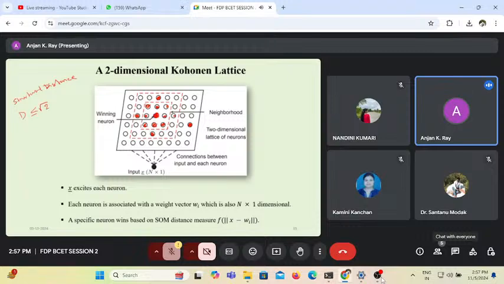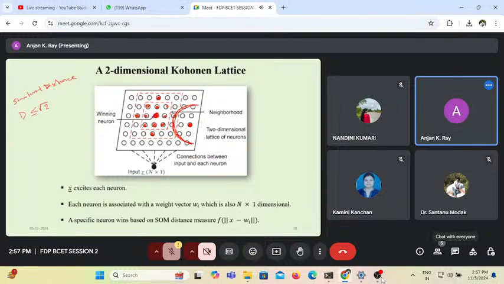In that case, the neighbor for this winning neuron will be different. In that case, we may get some other part of this set of neurons for the proper updates.